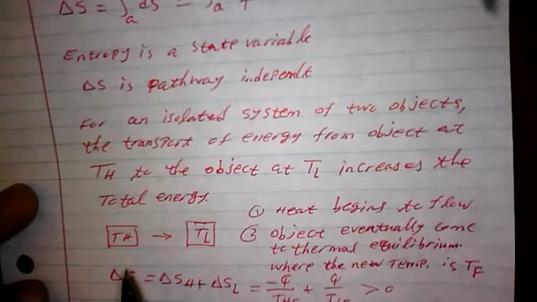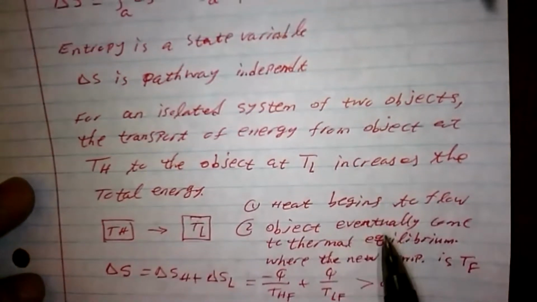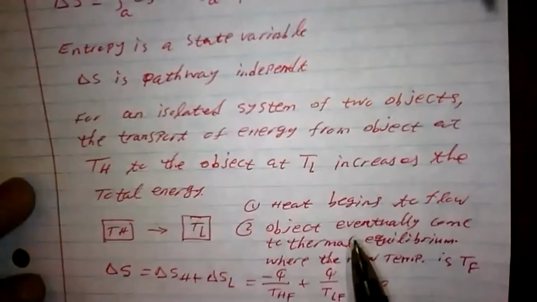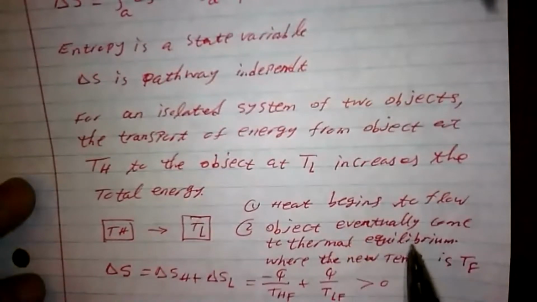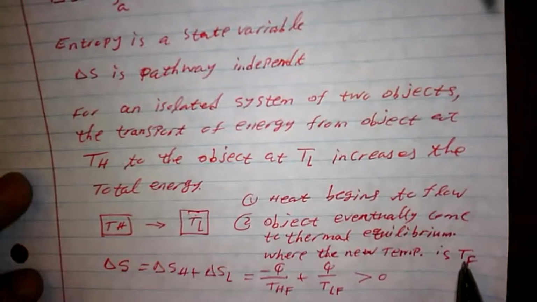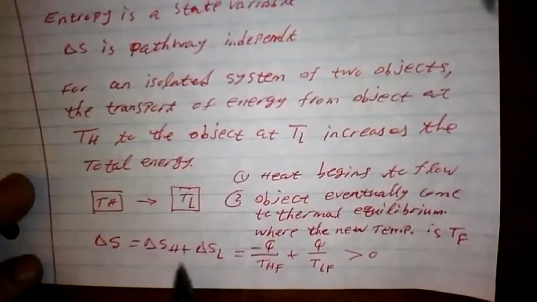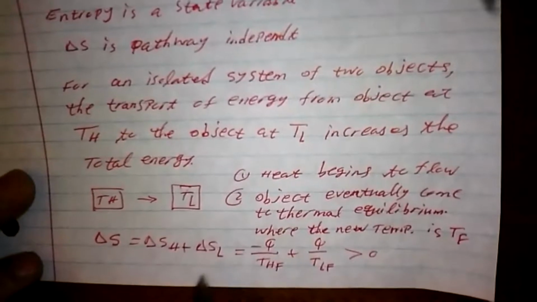Say we have a high state 1 and a state 2 at the low; heat begins to flow, and then the two objects eventually come to thermal equilibrium at a new temperature, which we call the final temperature, okay? So delta S equals delta S at the high temperature plus delta S at the low temperature.